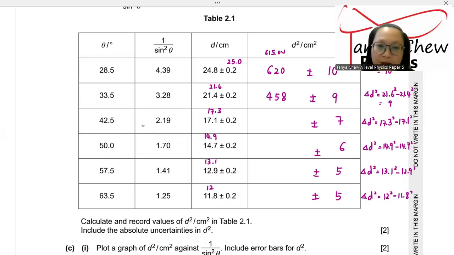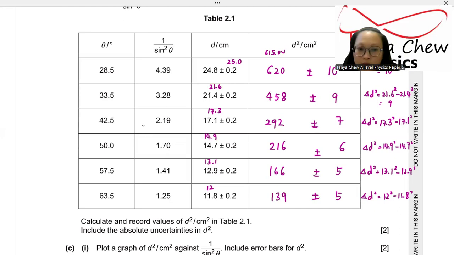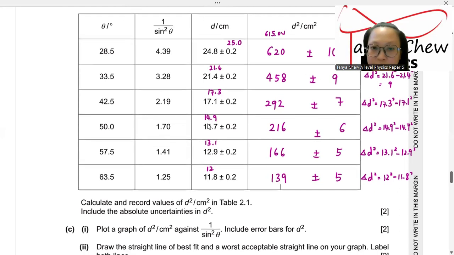Then 17.1 squared, I get 292 without decimal point. 14.7 squared, you get 216. Then 12.9 squared, you get 166. And then 11.8 squared, you get 139. That's it, we are done with the table.